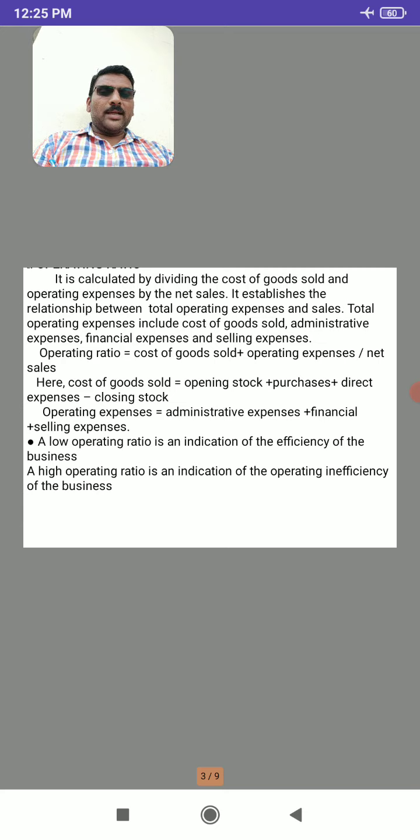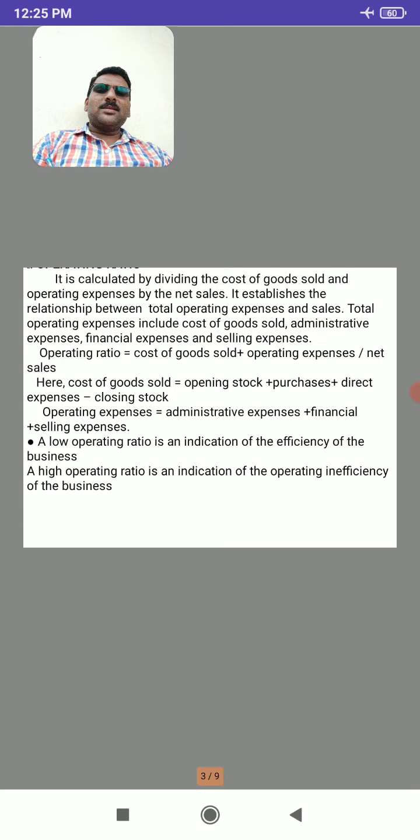The operating ratio is calculated by dividing two terms together, cost of goods sold and operating expenses. So first of all, we have to know what the cost of goods sold is and what the operating expenses are, and these two things we have to divide by net sales.